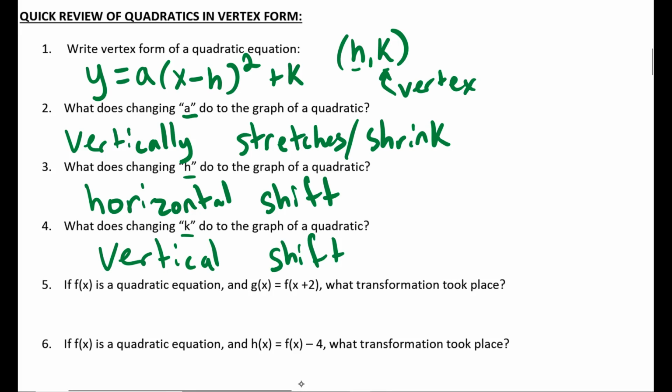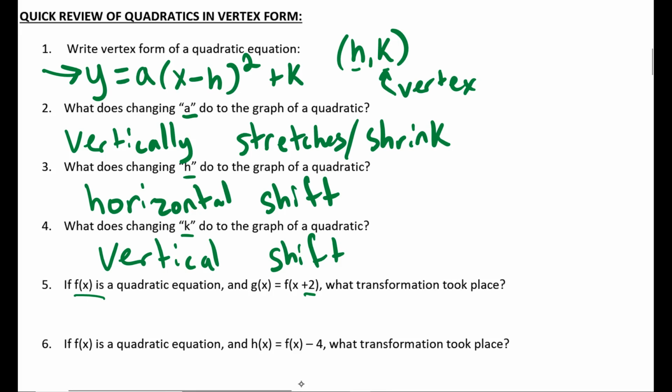So if we see something like number 5, where it's asking, you have a quadratic that looks like f of x, and we don't know what f of x is, it doesn't matter what it is, it's just a quadratic, and you have another function, g of x, defined to be f of x plus 2, and you need to ask yourself, what kind of transformation is this? Well, if you're looking at that vertex form formula from before, this is a plus 2 in the parentheses, so it's affecting the x values.